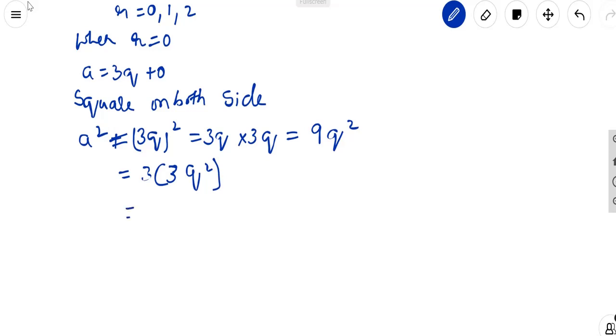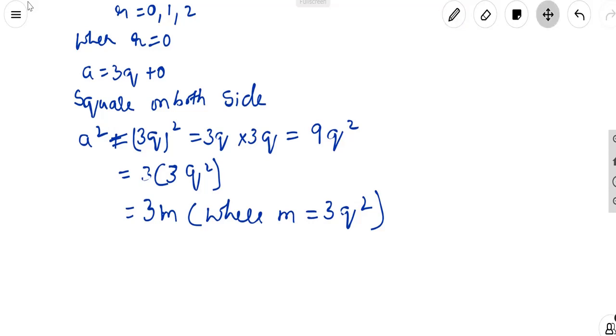Okay, so I can rewrite this as 3 into m, where m is equal to 3q square. Okay, so what is this m? You can write down here, m is any positive integer. So you are going to get it in this form, 3m.